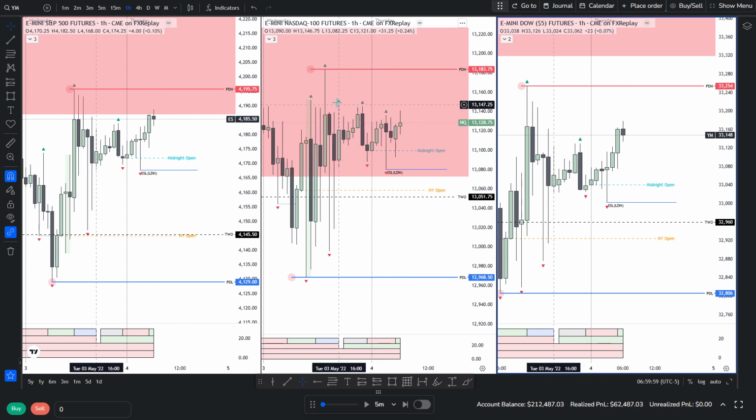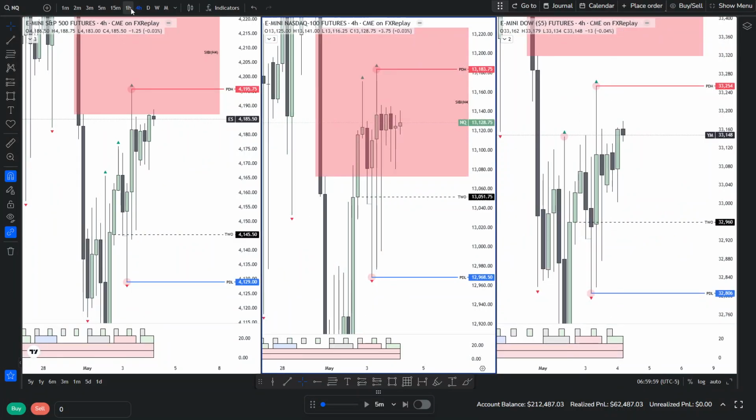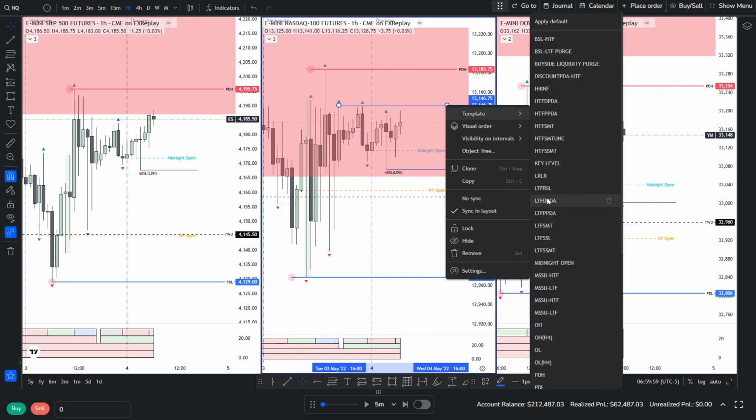Now in terms of highs, I mean, this appears to be the highest high, and that would be the New York PM, which is this one here. Just double checking that again. Yeah, that's fine. So we're just going to mark this up.